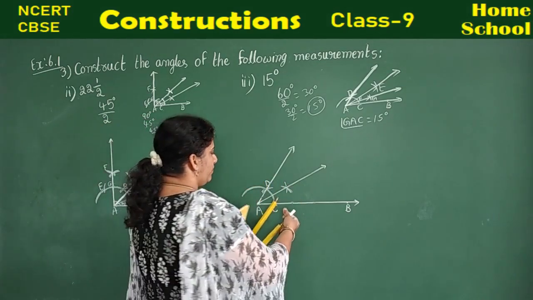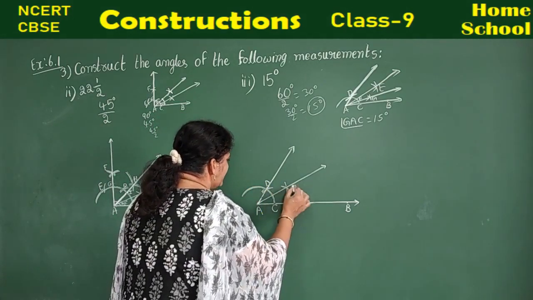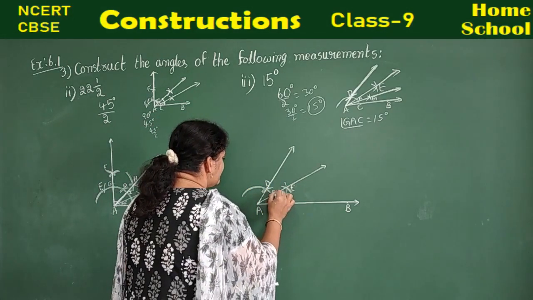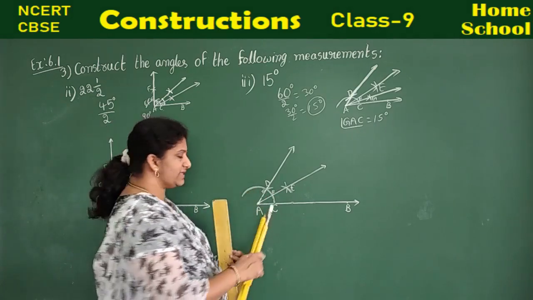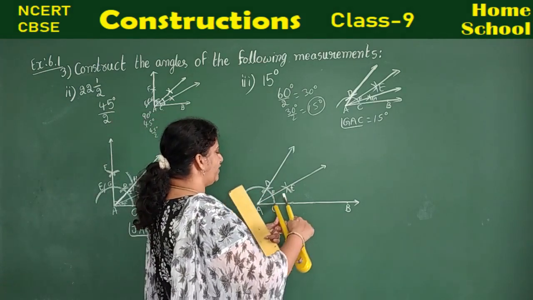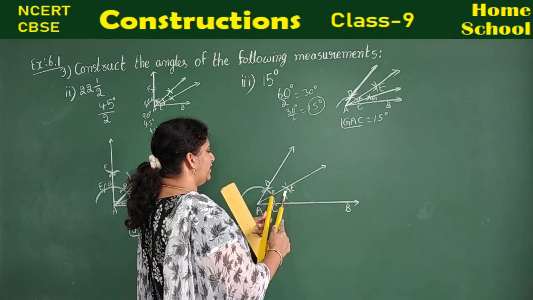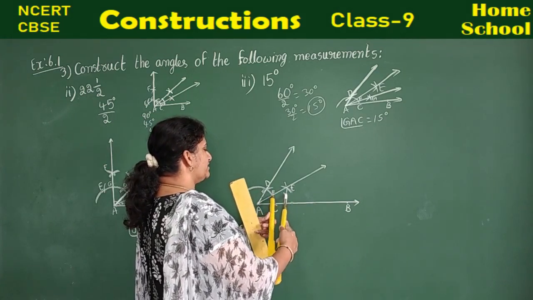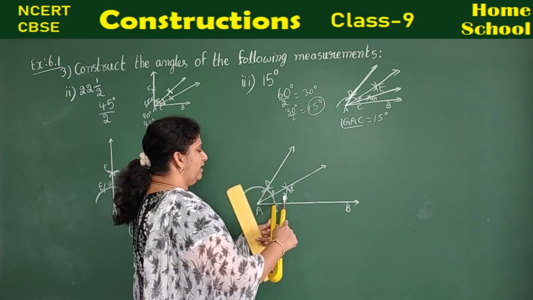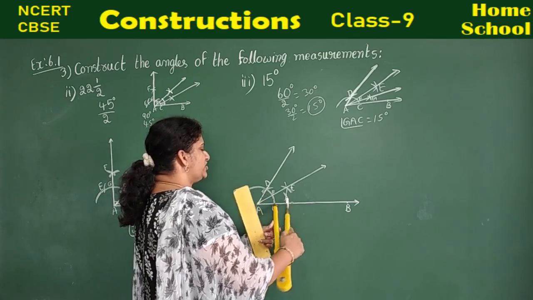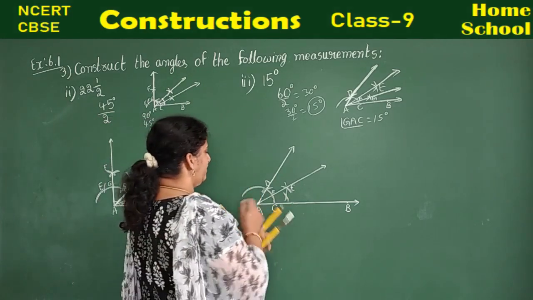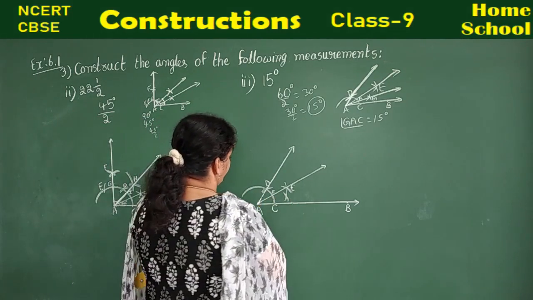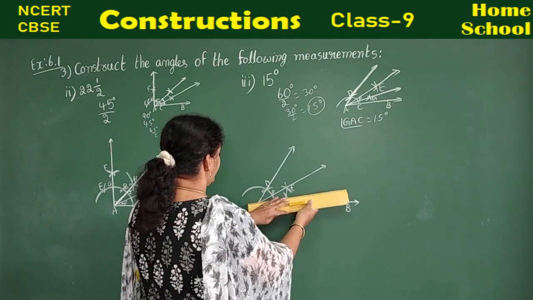Now mark this point as E and this F. With F and C as center, more than half radius, draw the arc and from F as a center, cut the arcs. Take a sharp pencil, you are going to get the exact intersecting point. Now, try to join these.